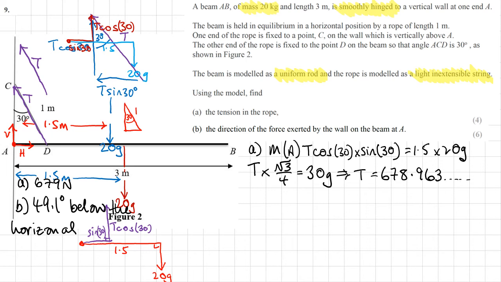So 2 or 3 significant figures. Because we've been using G, I'll use 3 significant figures, so 679 newtons for part A.